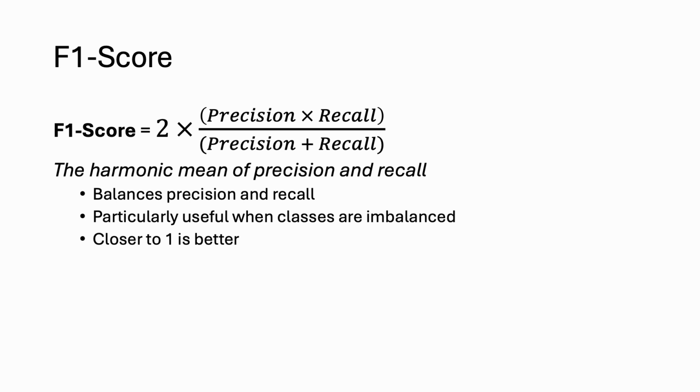If we want less false positives as well as less false negatives in an imbalanced data set, then our best metric is the F1-Score. It balances precision and recall, is particularly useful when the classes are imbalanced, and a higher value is better. If it gets close to 1, that means it is better.